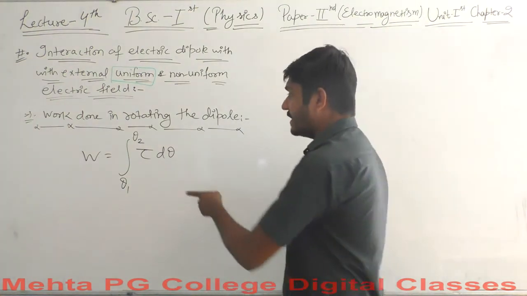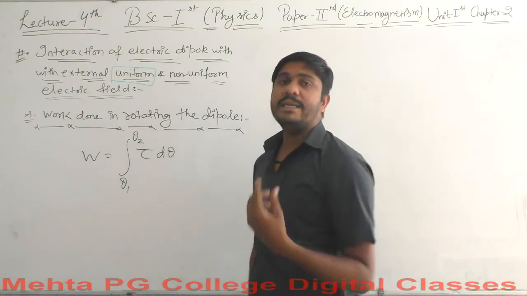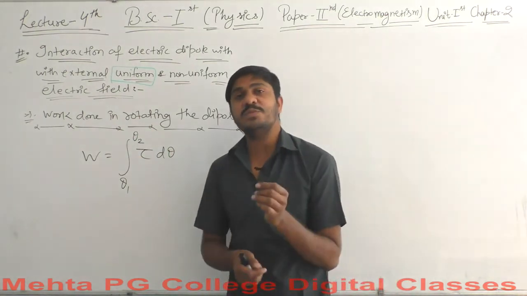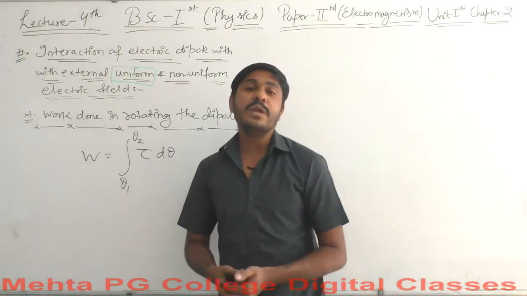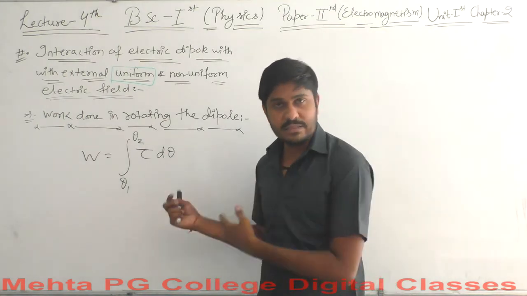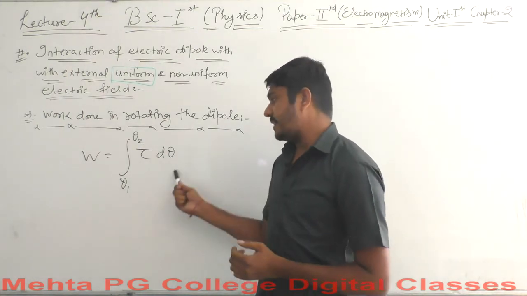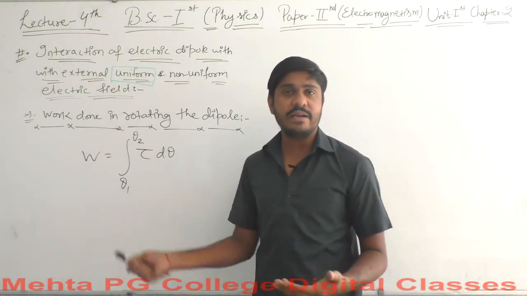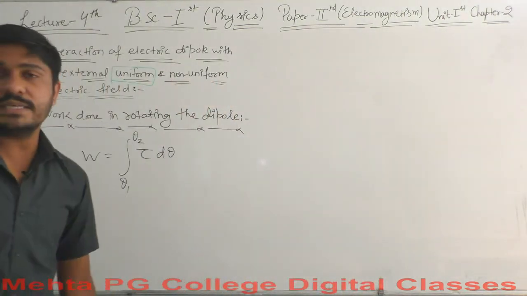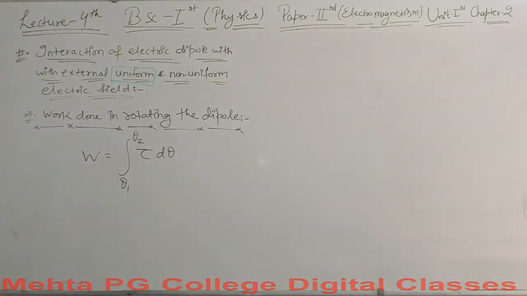Here the force is in the form of torque, and the displacement is an angular displacement, so we use the symbol d theta, with the initial angle theta 1 and the final angle theta 2. Let's find out what value this will lead us to.